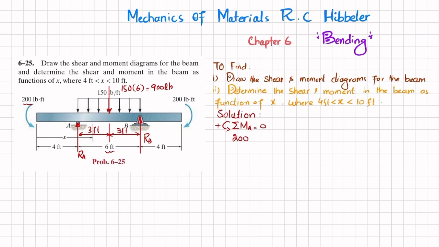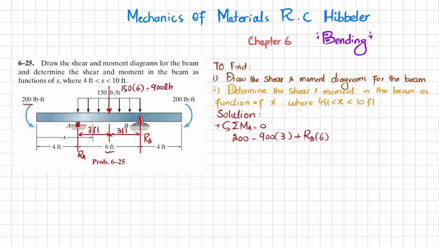So the second moment will be due to this load which is 900, and the perpendicular distance is 3, and this is clockwise, so it will be negative. I will write minus 900 into 3. The third moment is produced due to this RB, with perpendicular distance 6, and this is counterclockwise, so it will be positive. I will write plus RB into 6.